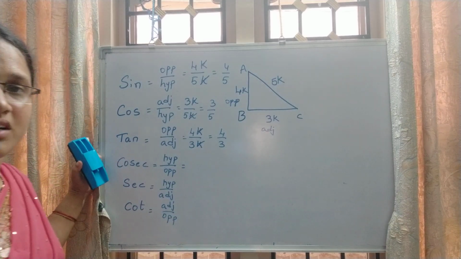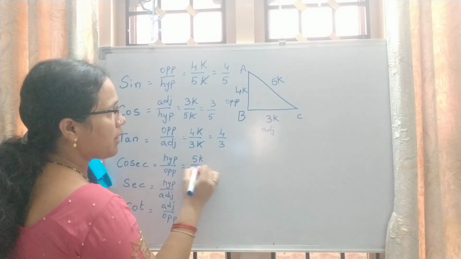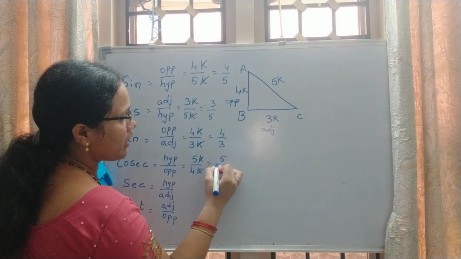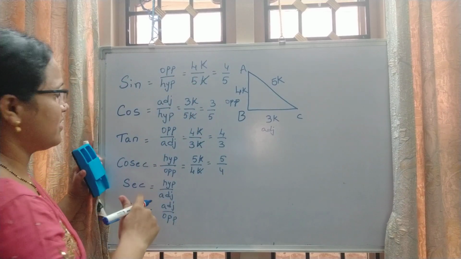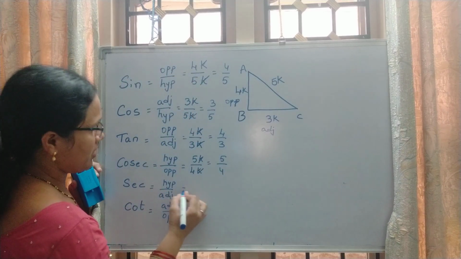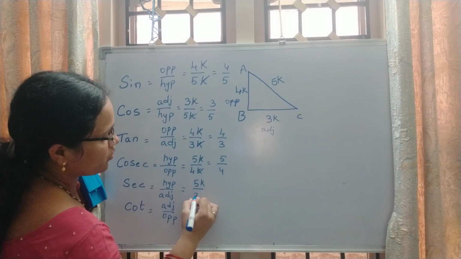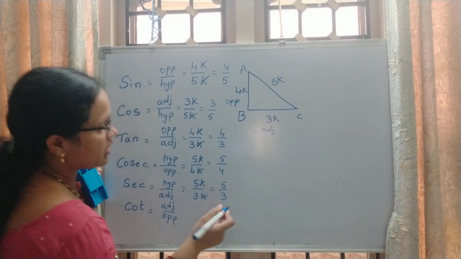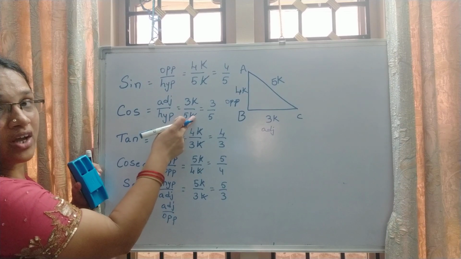Yes. Cosec. How do you write cosec? Hypotenuse, that is 5k by 4k. It becomes 5 by 4. Is this the reciprocal of your sine? Yes. Now, coming to this one. Hypotenuse, that means 5k by adjacent 3k. So it becomes 5 by 3. Is this the reciprocal of your cos?